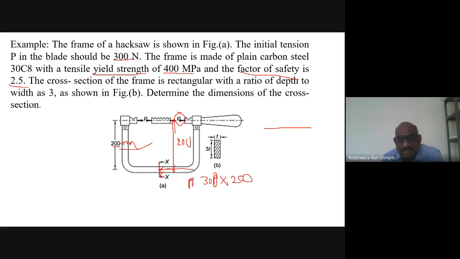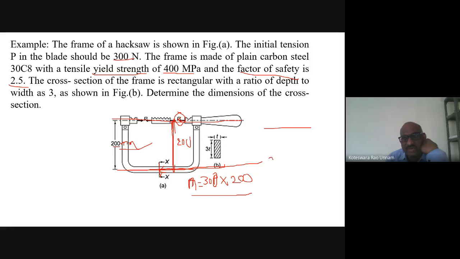Then I will take this one as M. M is equal to 300 into 200. But whether it is a twisting moment or a bending moment, we need to identify. So now this is the longitudinal axis for the cross section. Then this is the perpendicular distance, and this is the force. So about which direction is it going to act? The direction and the line of action of the force are coinciding with each other.